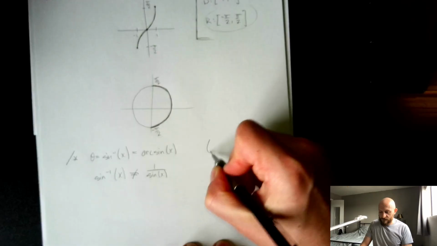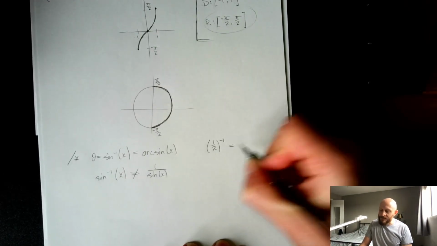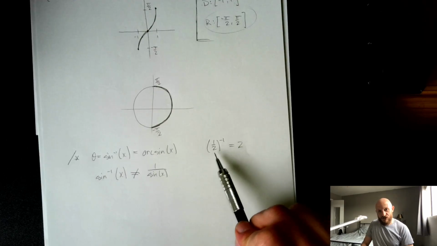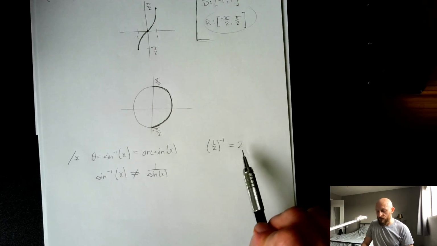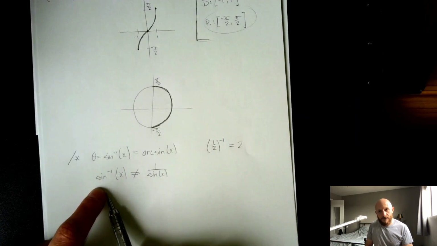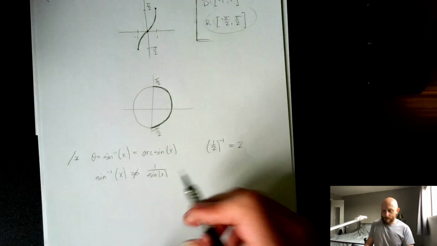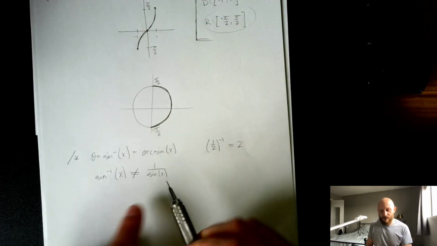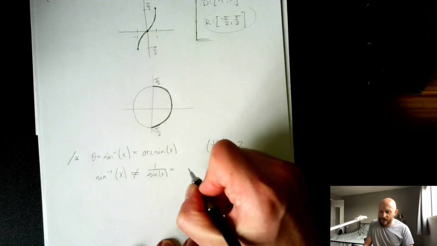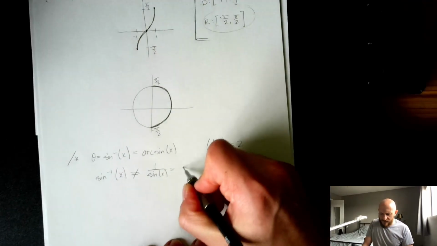Something like 1/2 to the -1st power is 2. So when the -1 exponent is attached to an actual number, it does mean reciprocal. When the -1 is attached to a function, it does not mean reciprocal. It means inverse. We wouldn't need to use this for the reciprocal anyway, because we have a name for the reciprocal of sine. Do you remember what it is? It's cosecant.